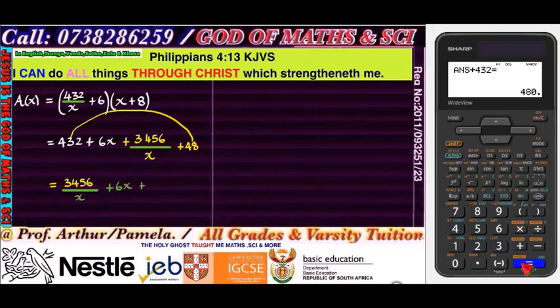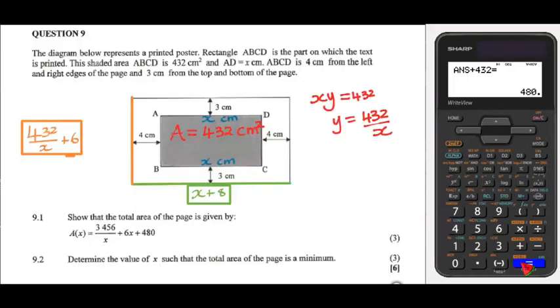So it's going to be plus 480. That should be the formula, because we can't simplify that further. Let's double check. Yes, there it is, 480 and 3,456 over x. So it's right.